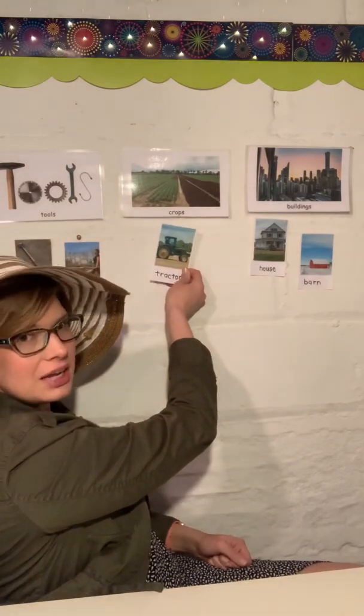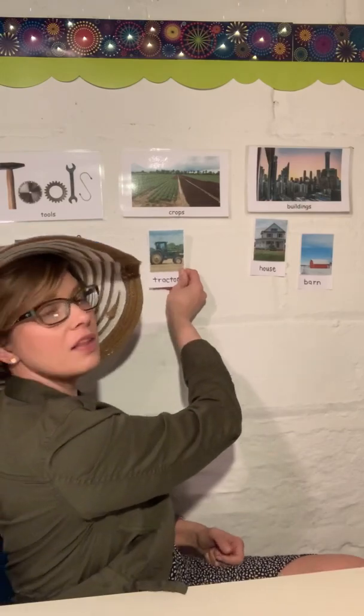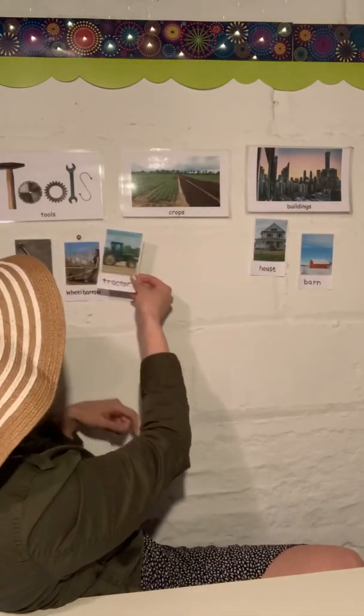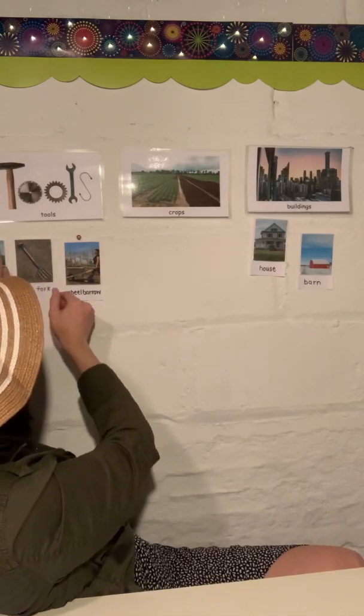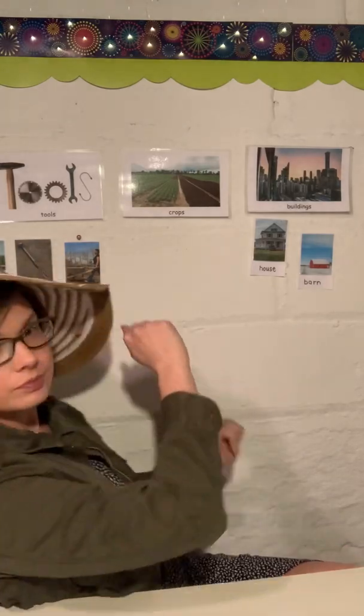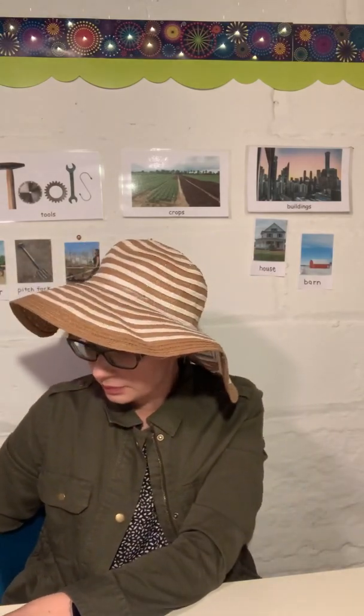The tractor is a tool that farmers use on the farm. Do you remember what I said that the tractor was used for? It was used for helping the farmer grow his food and to keep the grass short, which I guess would be helping grow his food.